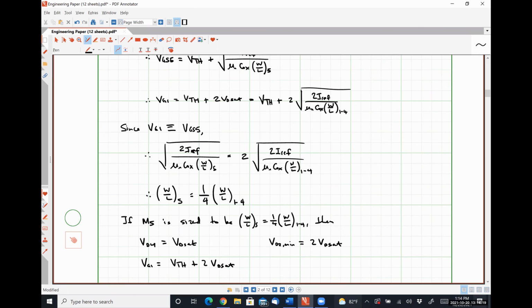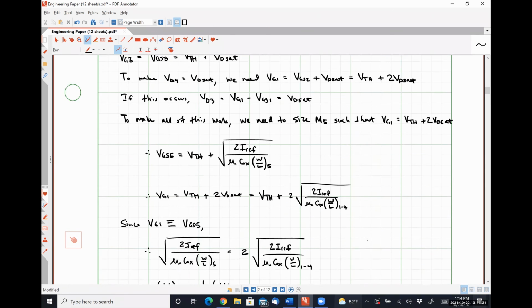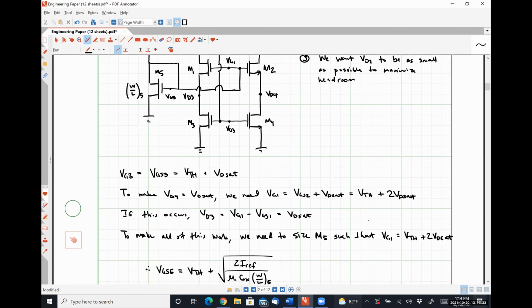So this scheme, the wide swing cascode current mirror, makes transistors M3 and M4 biased at the edge of saturation, giving us the smallest possible value for VD2 while maintaining that output resistance of gm ro squared.